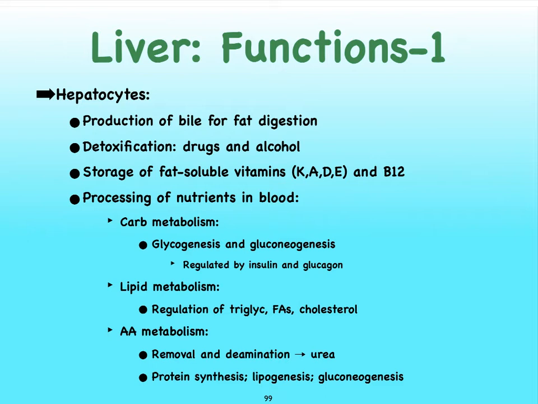The liver also regulates our neutral fats, the fatty acids, and cholesterol levels in our blood, and also plays a role in amino acid metabolism. So what the liver can do is remove amino acids, yank off the amine group, and then we end up with urea, which is a waste product that we can then ultimately excrete with the help of the kidneys.